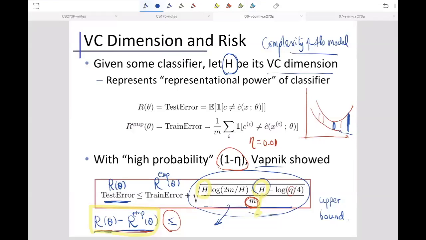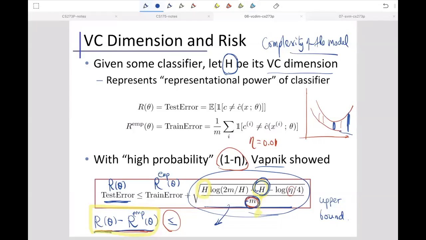Of course, this relates to both H and M. You can compensate for the effect of H by increasing the sample size. If your model H is very complex, how do you make sure the gap is small? Well, one way you can do it is to increase the sample size.